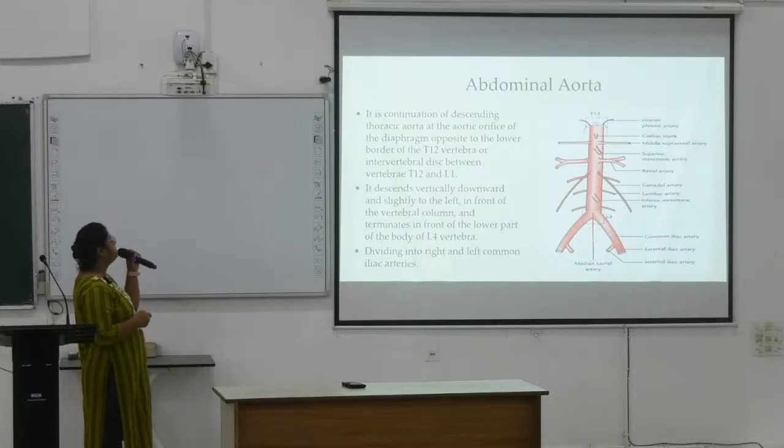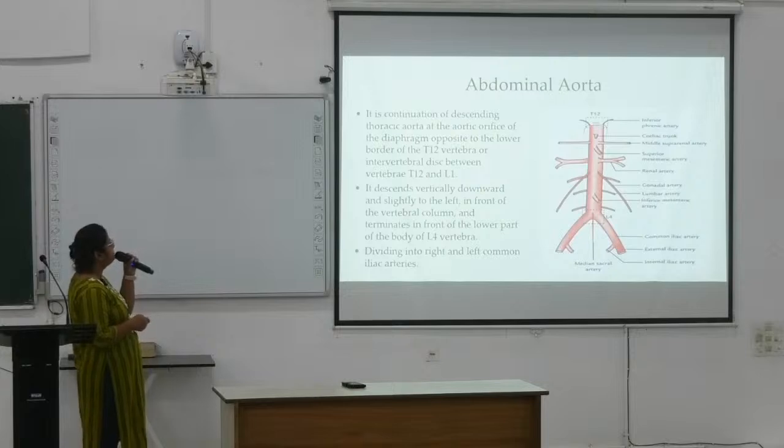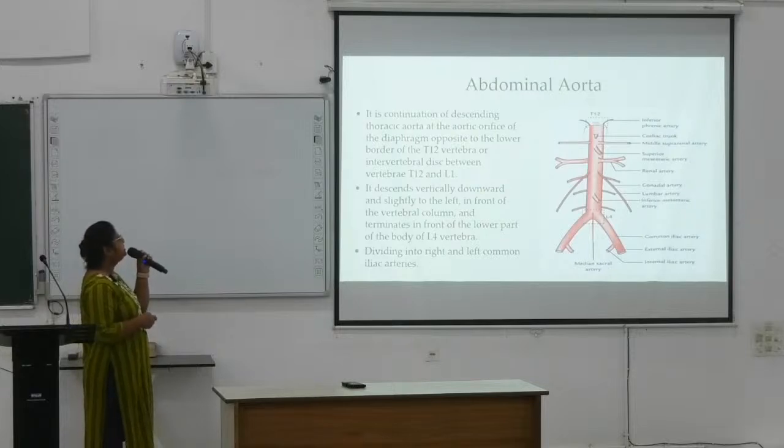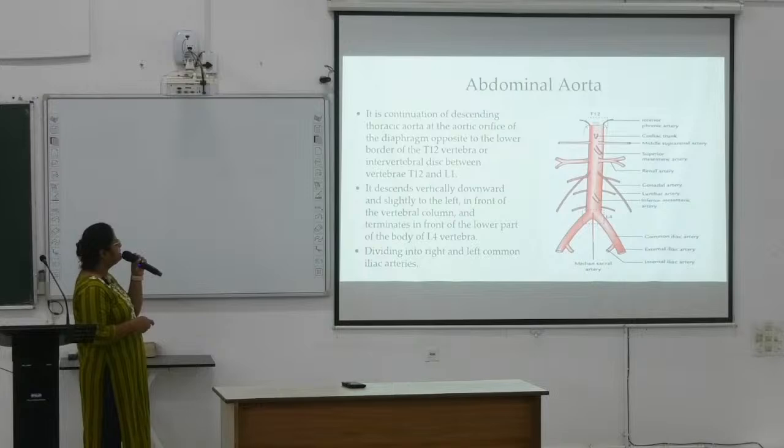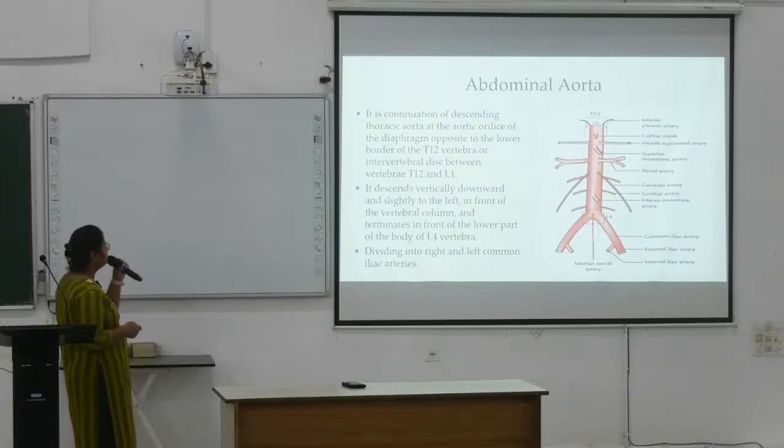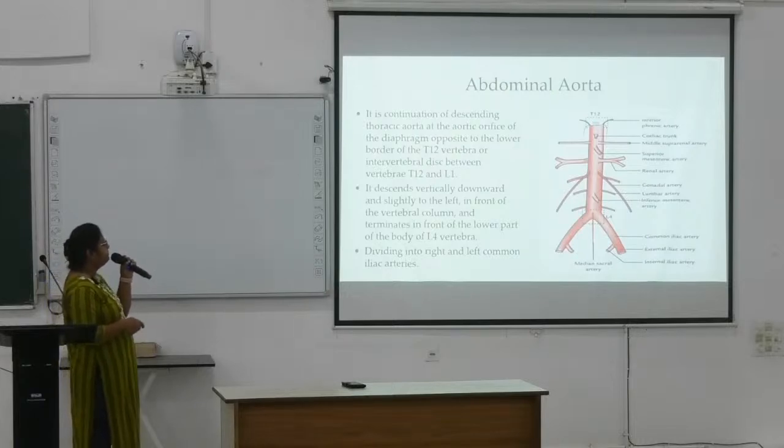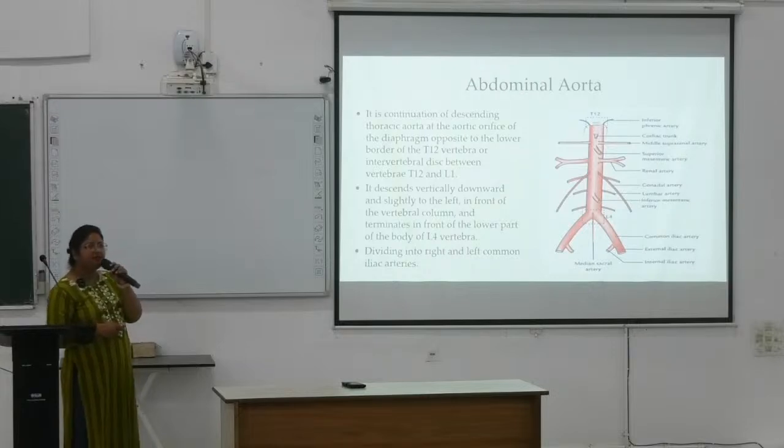So it is continuation of descending thoracic aorta at the aortic orifice of the diaphragm opposite to the lower border of T12 vertebra or intervertebral disc between the T12 and L1, and it descends vertically downward and slightly to the left in front of the vertebral column and terminates in front of the lower part of the body of L4 vertebra and dividing into right and left common iliac arteries. Okay, so this is the course and termination of abdominal aorta.